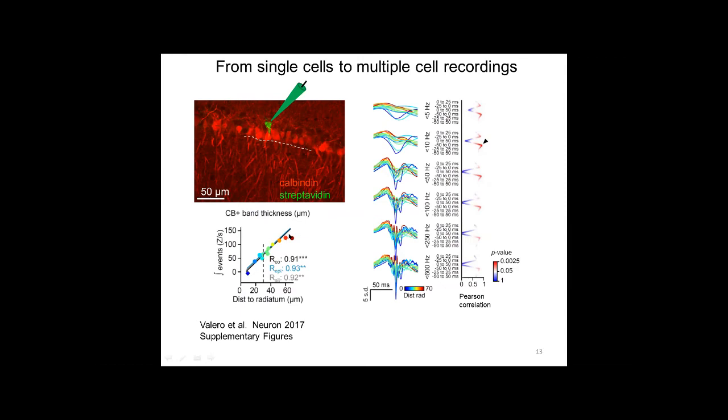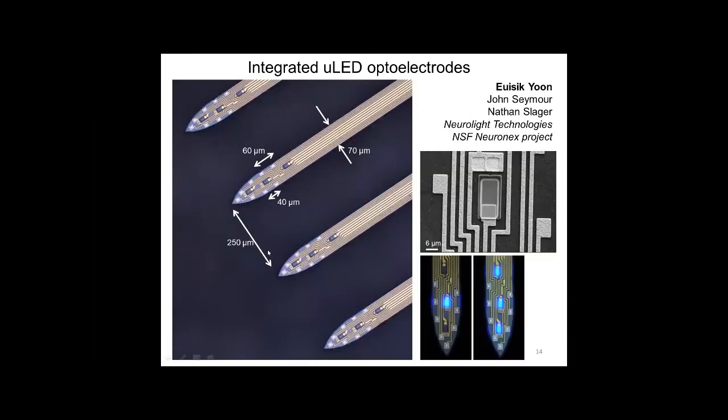And that the low-pass filtered, 10 Hz, sharp-wave event, using information from the shape of the sharp wave, was informative also. So we can use these too, but again, it's not quite easy to know whether you are deep or superficial. And basically, here is where the micro-LED optoelectrodes come to help.